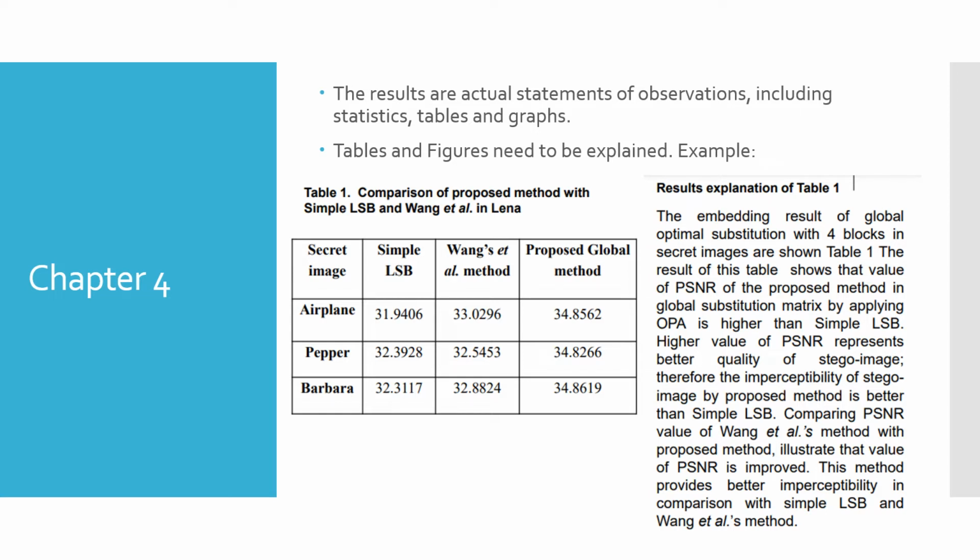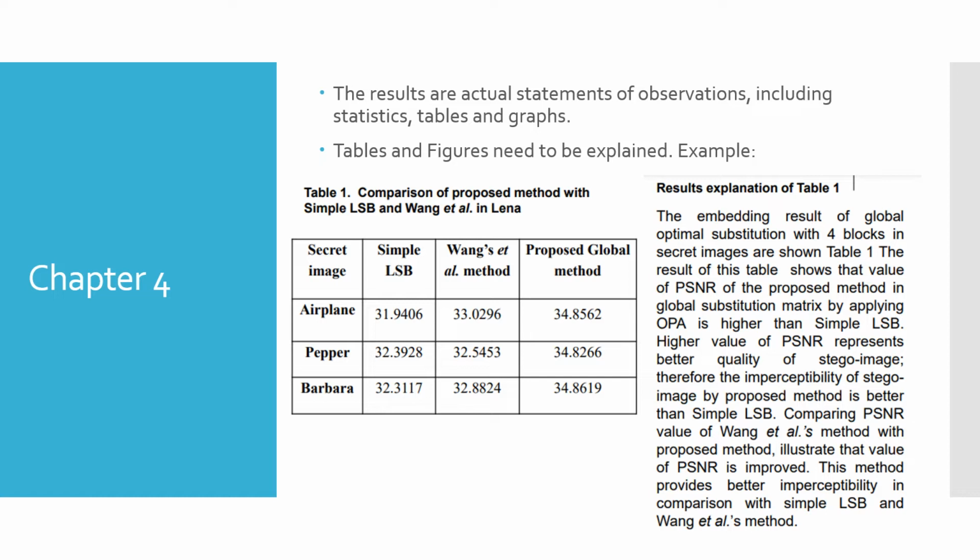Here it says: comparison of proposed method with simple LSB and Wong et al. in Lena. So it compares with two other works, and the last column is the result of the proposed method.